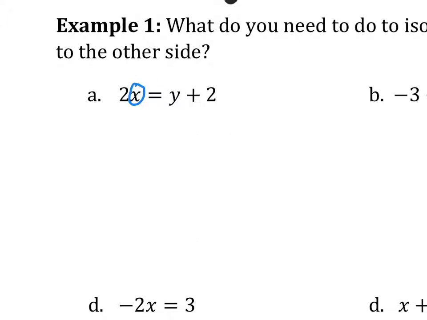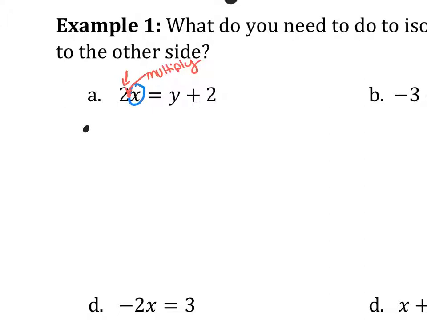But right now there is this 2 right here that is preventing the x from being alone. And right now, what is happening between the 2 and the x? They are multiplied by each other. There's multiplication happening between the 2 and the x.